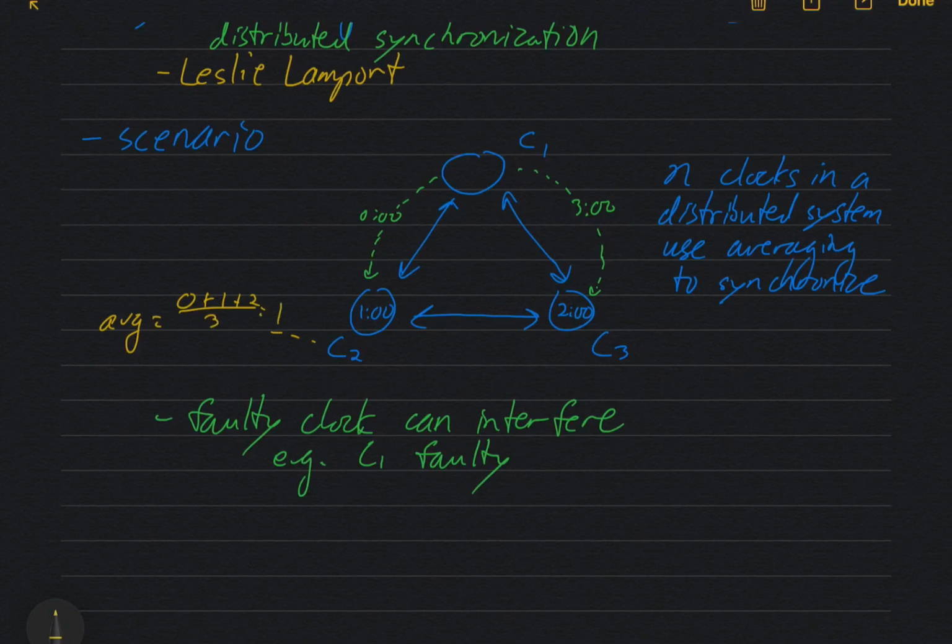That's 0 plus 1 plus 2 over 3, which gives 1 o'clock. Clock 3 calculates 3 plus 1 plus 2 over 3, which gives 2 o'clock. And so clock 2 and clock 3 have not come any closer to agreeing on what the time is.